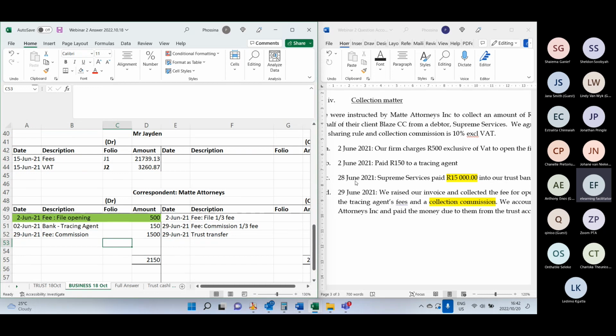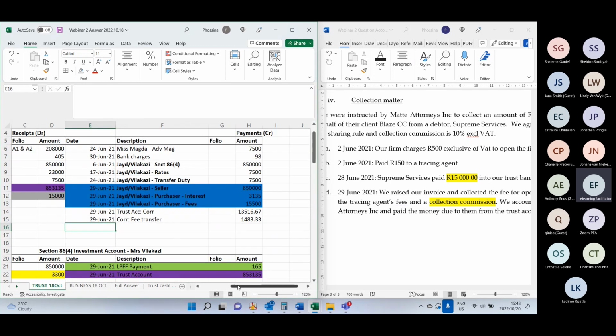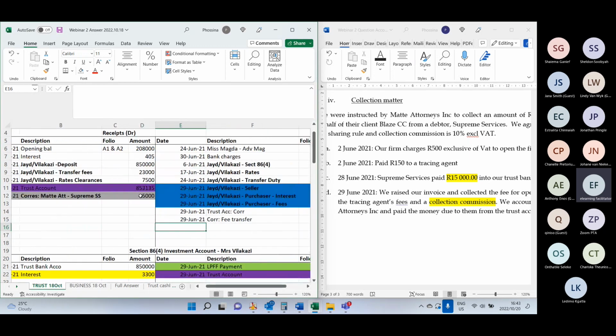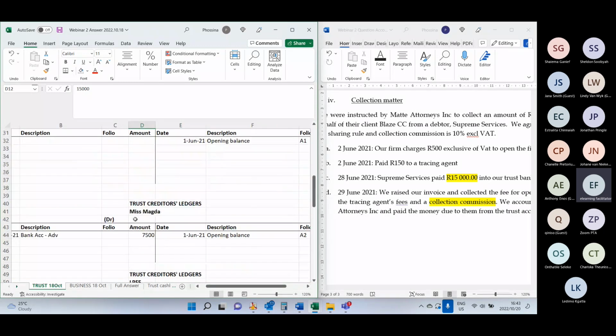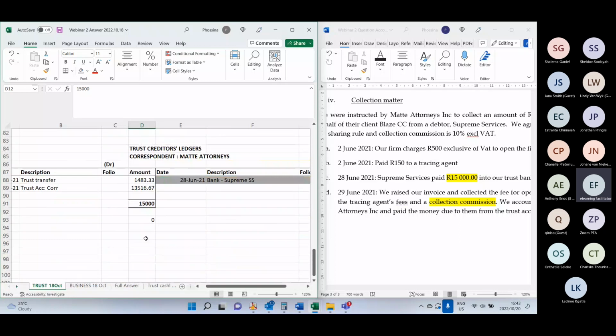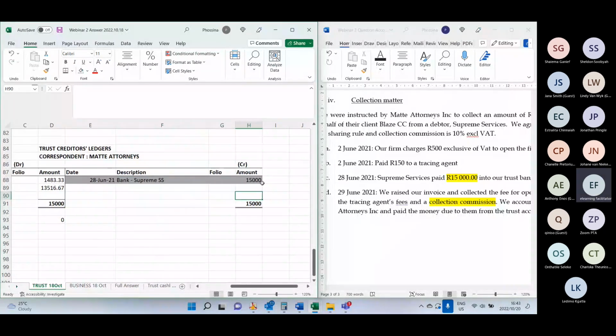Okay, and then we receive 15,000. When we receive it, it's in the trust account. We go to our trust account, we receive it. So here we are receiving it, 15,000, and also we credit our correspondent, which is their account, which is this one, the 15,000.